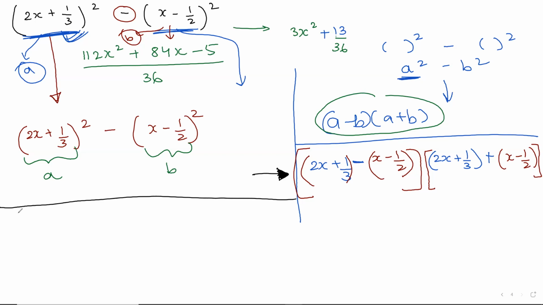Ma'am, 2x plus 1 by 3. Yes. Ma'am, minus x plus 1 by 2. Okay. So as you're saying, Mridula, after opening the brackets, can I write the x terms next to each other and the constant terms next to each other so that my work gets simplified? Can I write it as 2x minus x plus 1 by 3 plus 1 by 2? Can I write it like this?